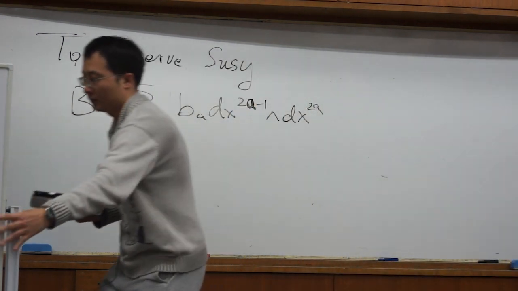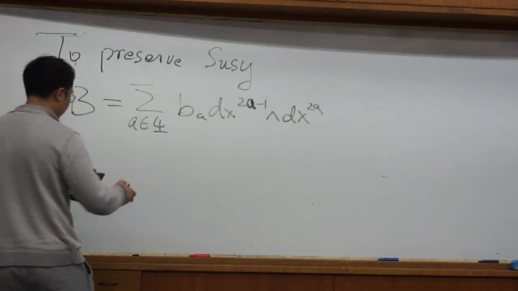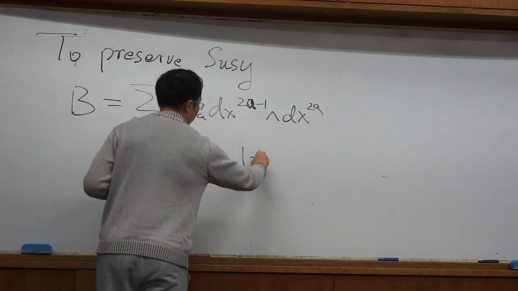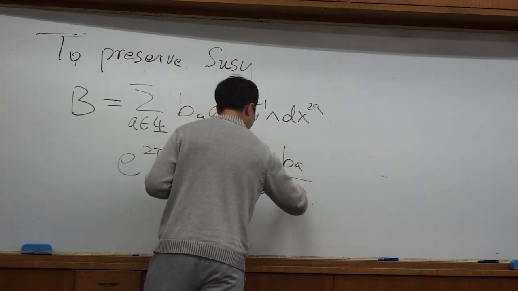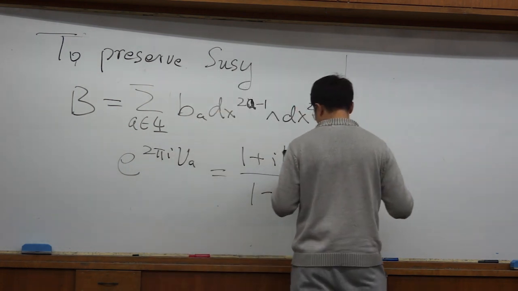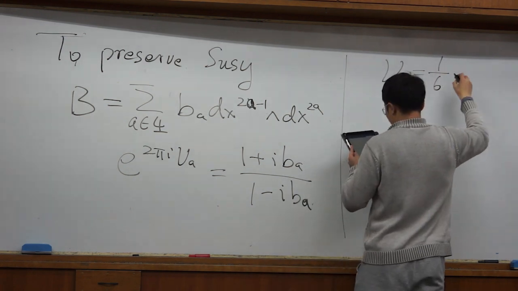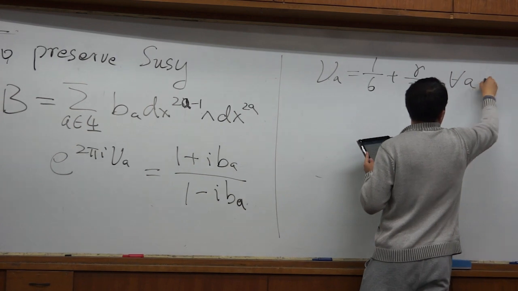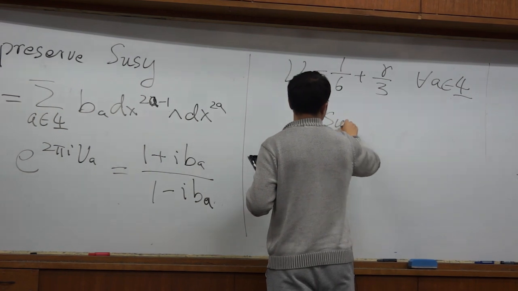So if I introduce another parameter, e to the 2 pi i nu a, to replace the field strength of B a, we can compute that when this parameter nu a equals 1/6 plus r over 3 for all a, two supercharges are preserved.